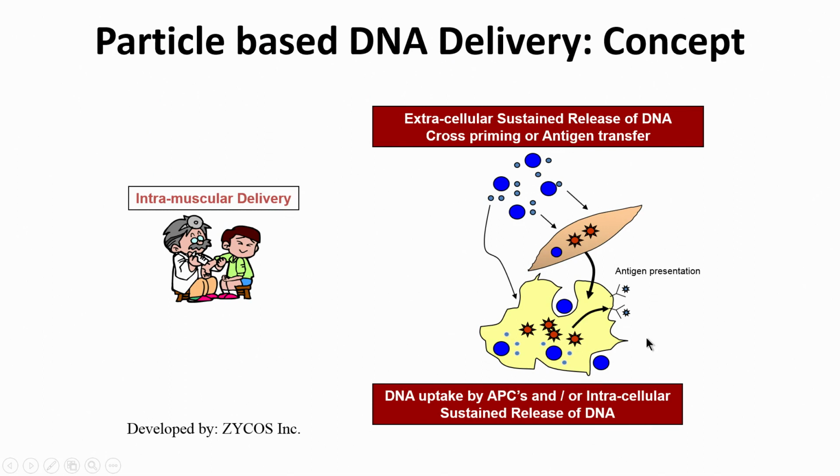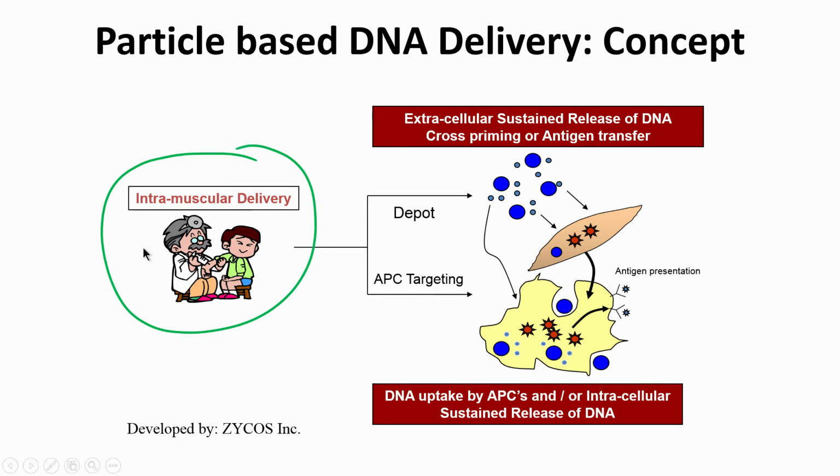So what about using particles for this DNA delivery for vaccines? Again, it is a very similar system to what we had talked about. You are using some intramuscular delivery, so you go to the clinic and get that. You can then either form a depot somewhere where the immune system can come in and start taking up these particles or releasing this DNA, or you can directly have it such that they go inside these APCs, antigen presenting cells.